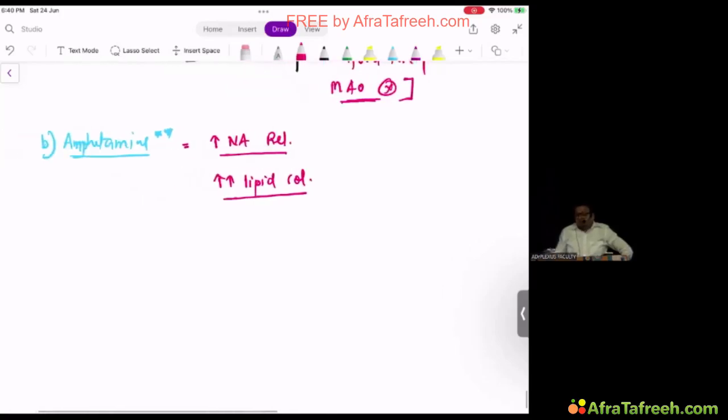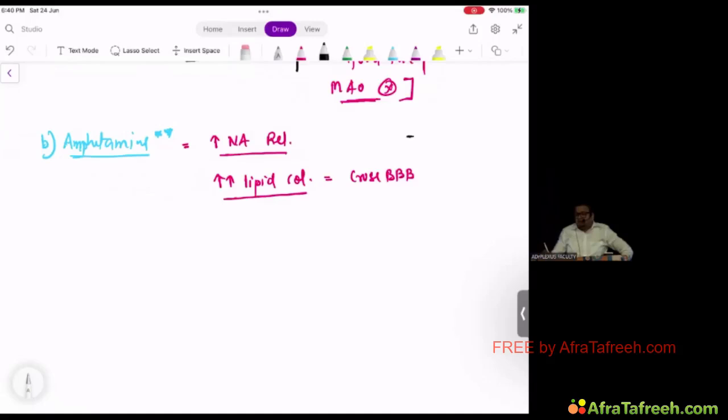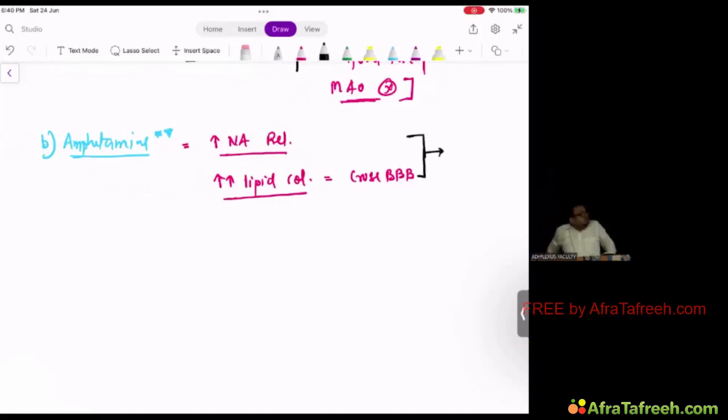So highly lipid soluble, they will cross which barrier? Now you combine all the 2 points. Amphetamines are highly lipid soluble drugs. If you take a tablet of amphetamines, all of it will cross the blood-brain barrier and move where?